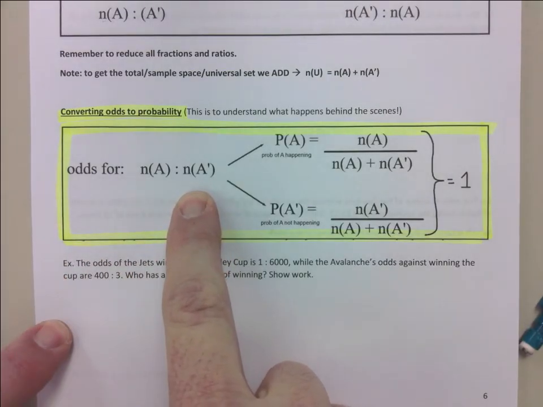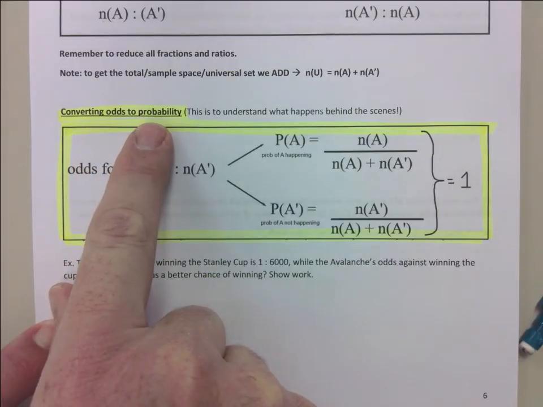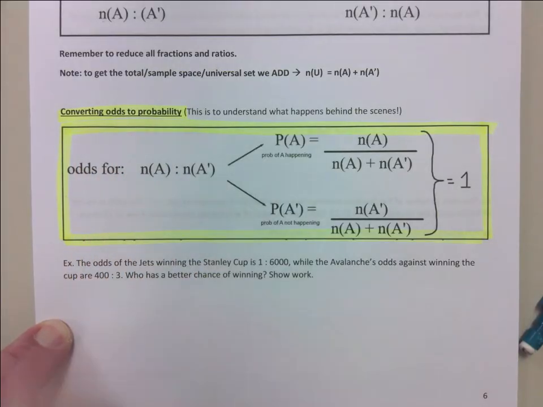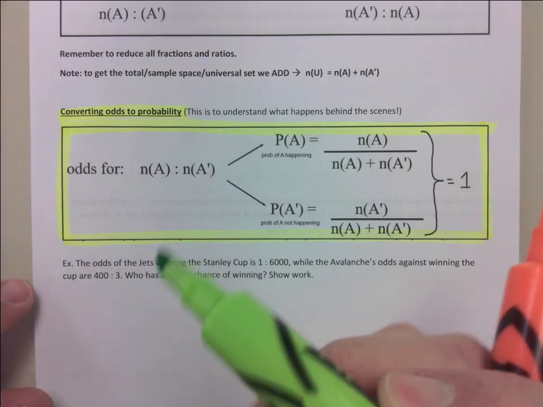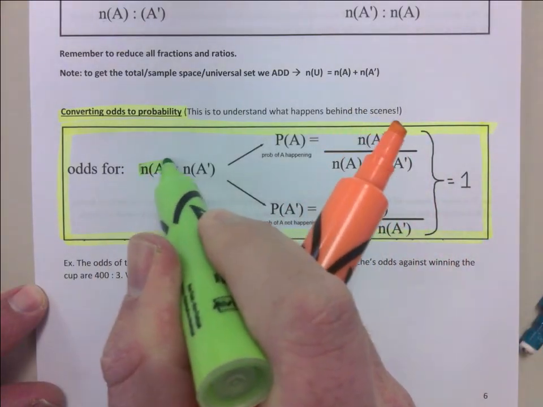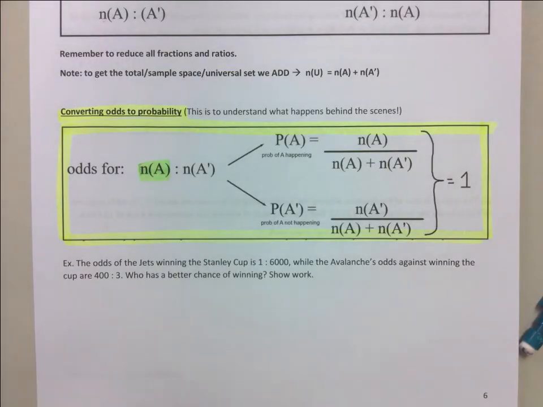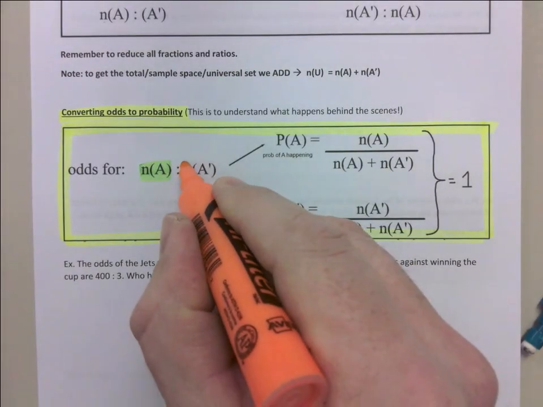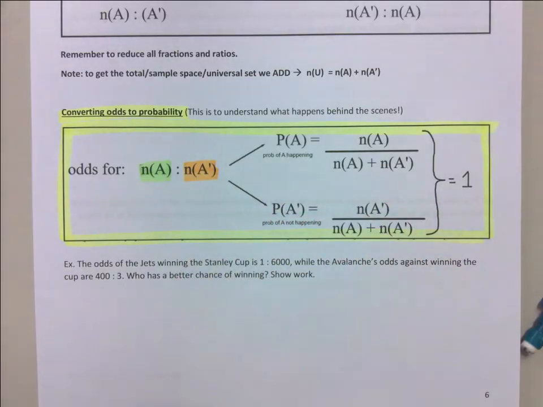What is this box saying? Converting odds to probability. You need to be comfortable with that. I'm going to use green for favor. I'm going to use orange for against.